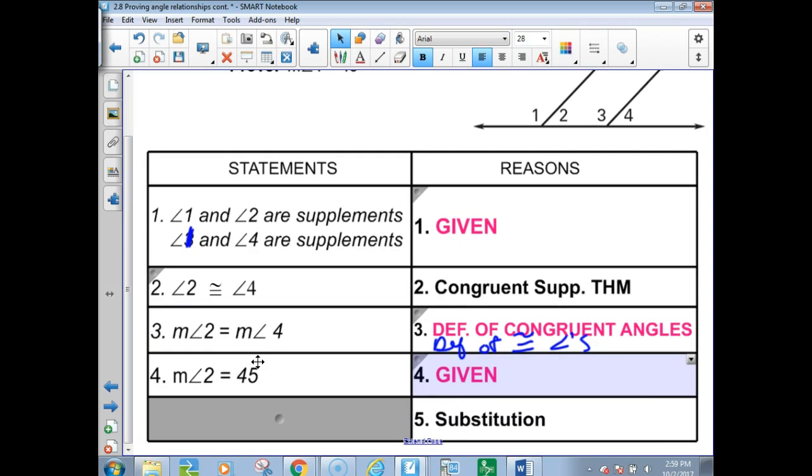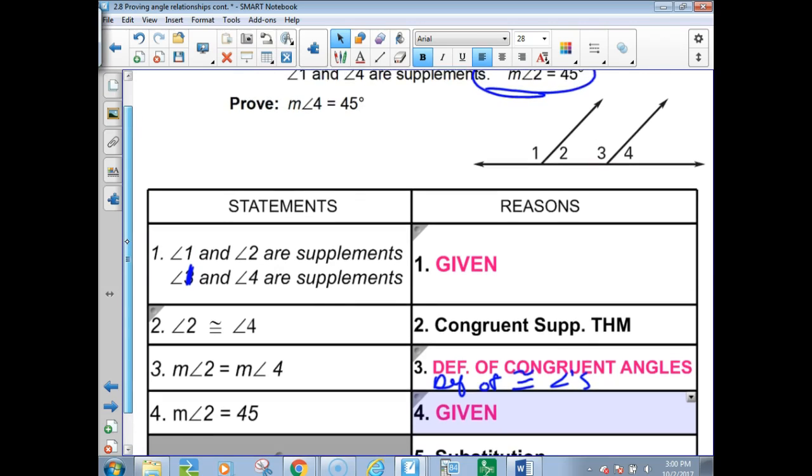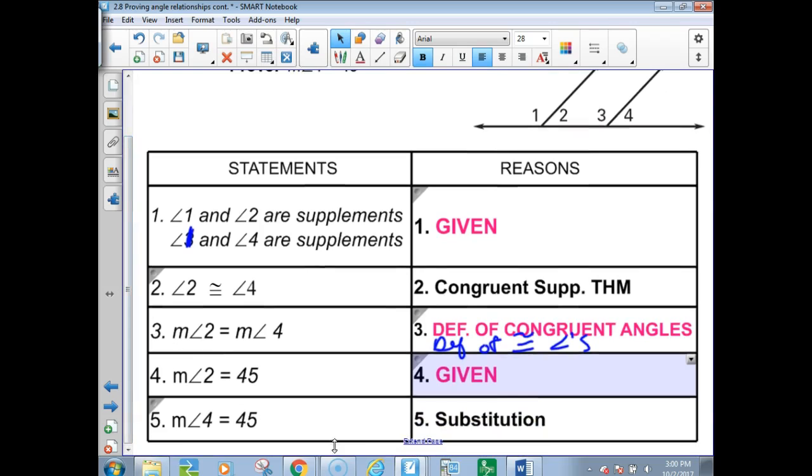And then you could put in that angle 4 is also 45 by substitution.